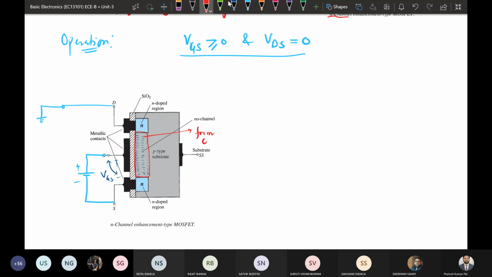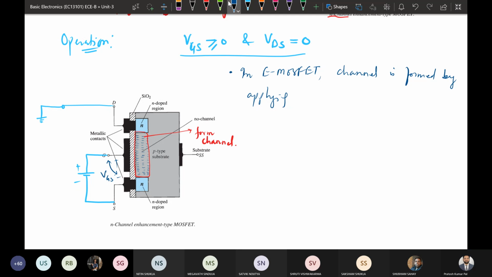You can write here: in enhancement type MOSFET, the channel is formed by applying positive gate to source voltage.